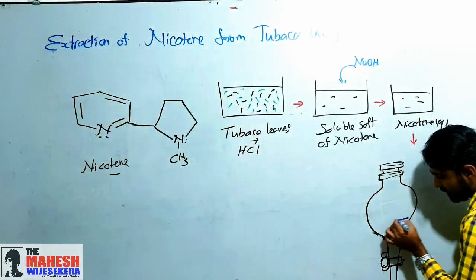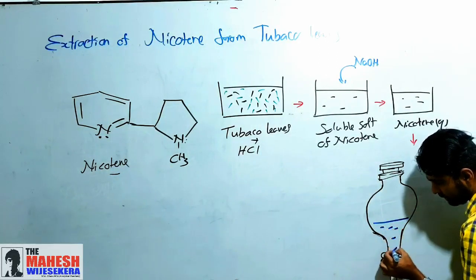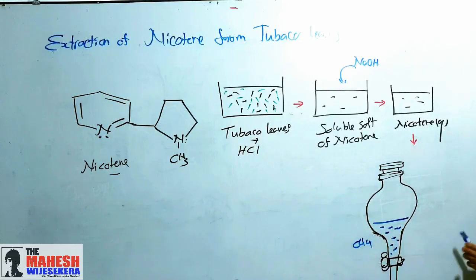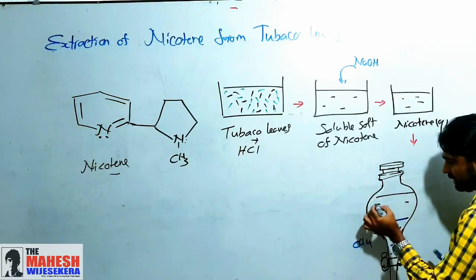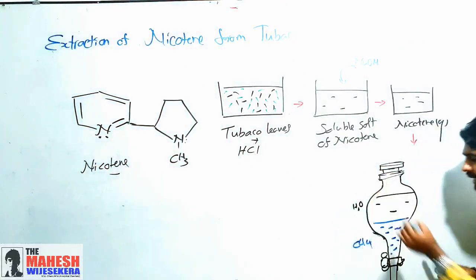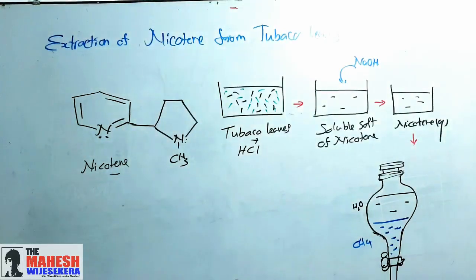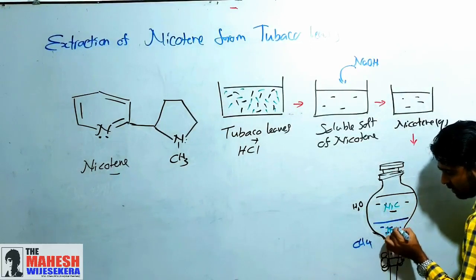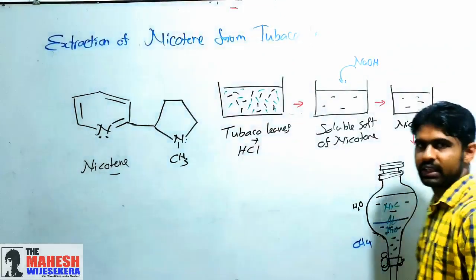So what happens when you add these two solvents? This is CCl4 and this is water. The layers get separated. Nicotine will be distributed between these two.